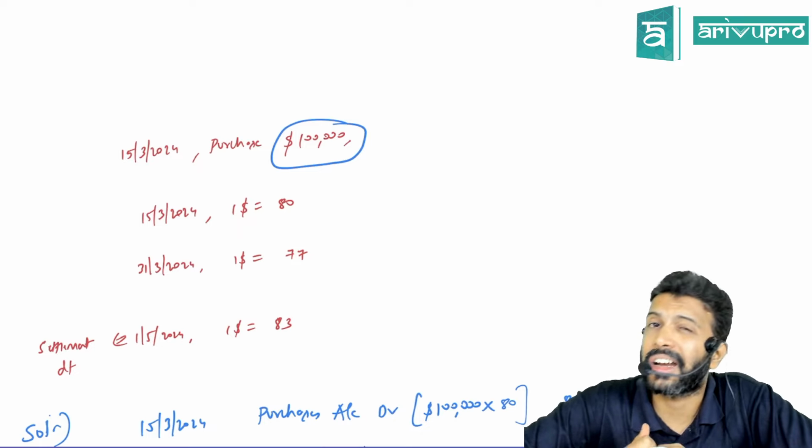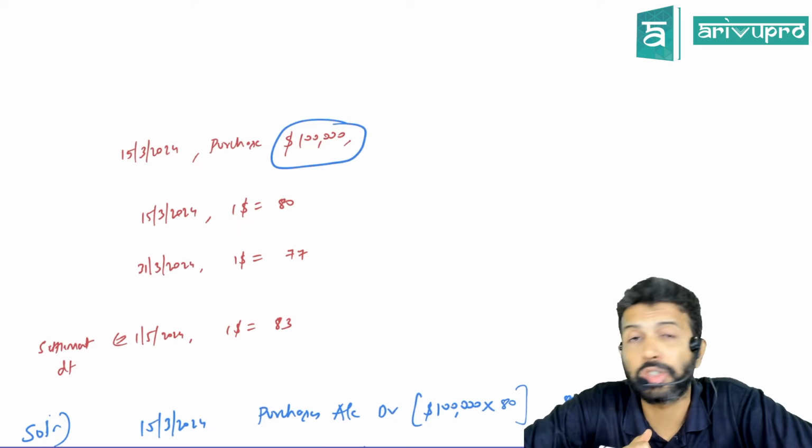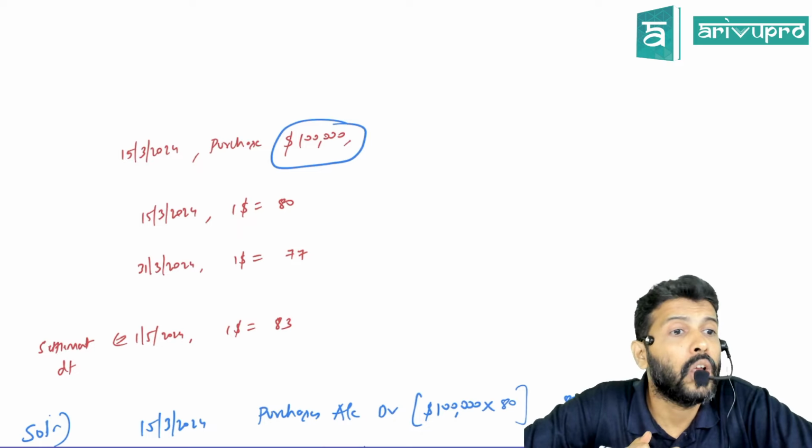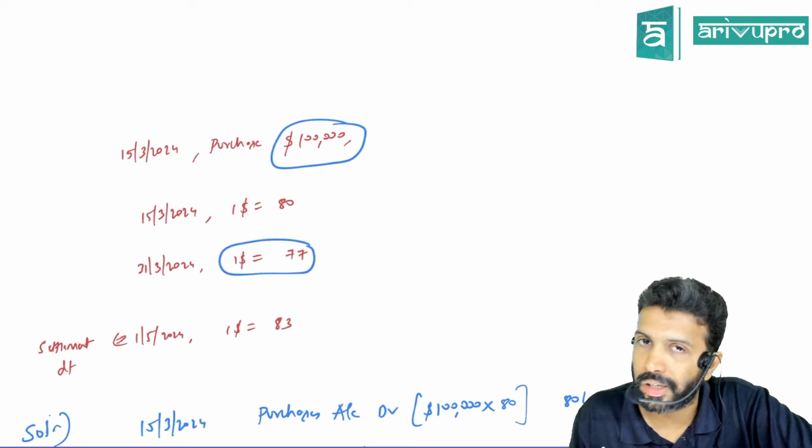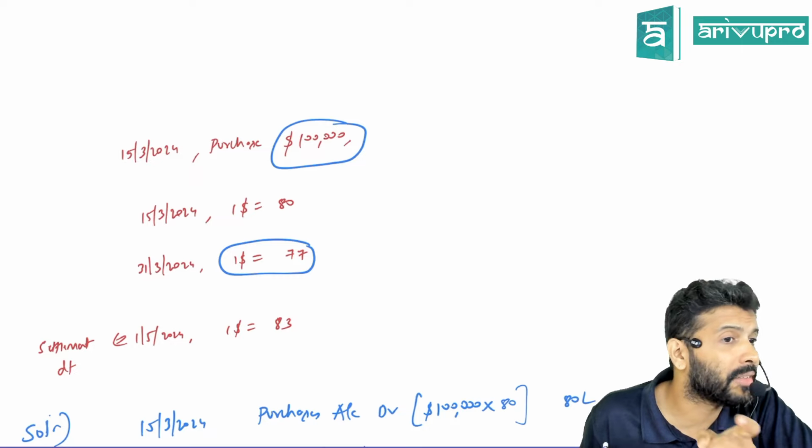And what does the standard say? All monetary items at the balance sheet should be reflected at the closing rate. Closing rate means the exchange rate existing on the day you close the books. You're closing the books on 31st March, when $1 is equal to 77.